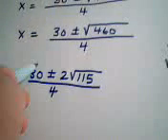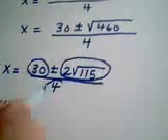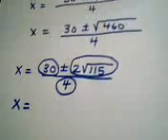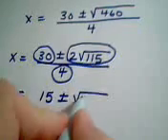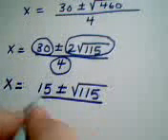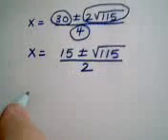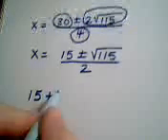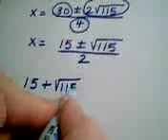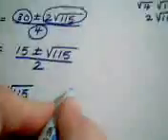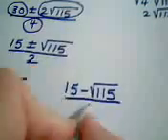And now we notice each of the terms I am circling is divisible by 2. So this becomes 15 plus or minus the square root of 115 all over 2, which actually gives me 2 answers. 15 plus the square root of 115 over 2, and 15 minus the square root of 115 over 2.